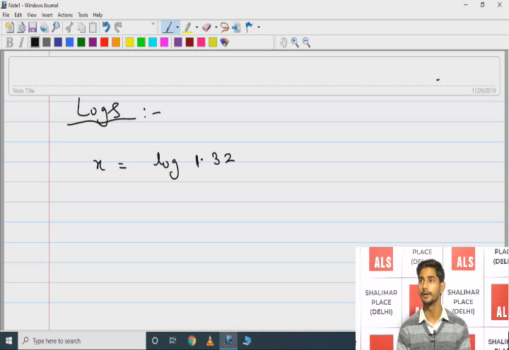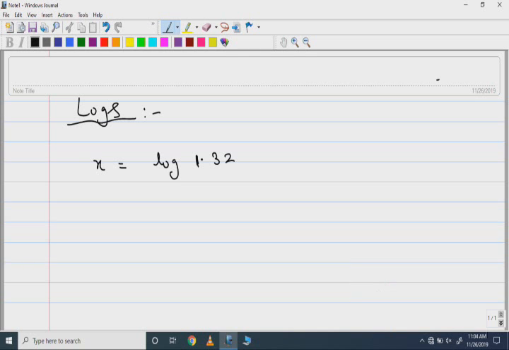Do you have phone? Everyone has phone and internet? Raise your hand those who have got the cell phone as well as internet. Okay, 1.